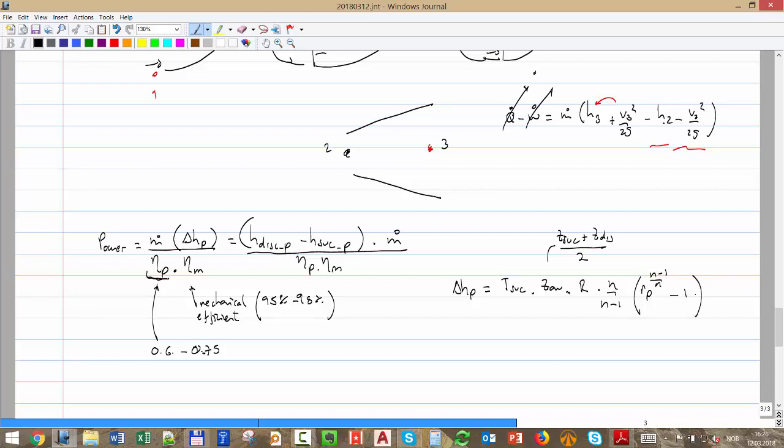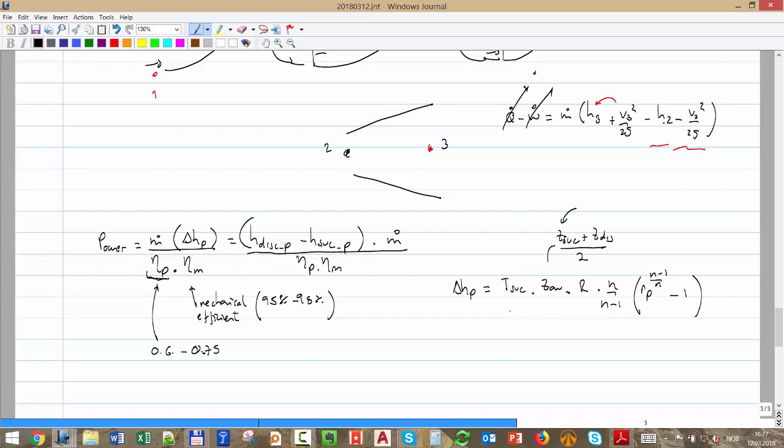Okay, so that's the equation. If I don't have the plot, I have the C factor calculations available. I can make that approximation to calculate the isentropic, the polytropic difference of enthalpy across my machine. And that you will have to make in the next exercise.